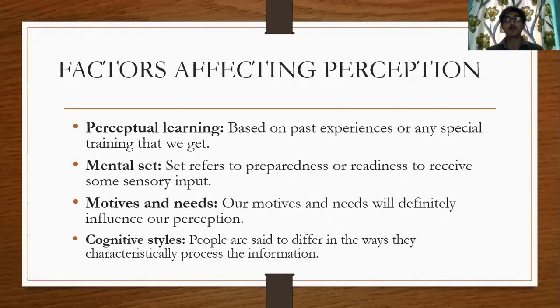If you do not have proper learning, if you do not have any proper cognitive component, your perception may be based only on perceptual learning, or your motives and needs. But the moment you are studying something, learning something, going through the books and educational materials, you will see that your perception is actually molding.